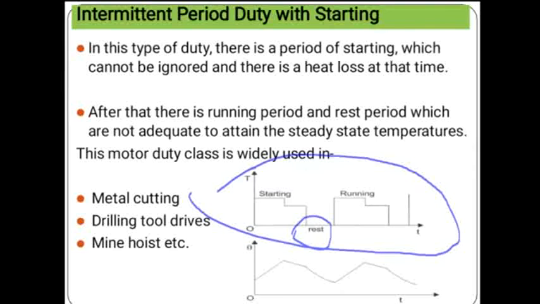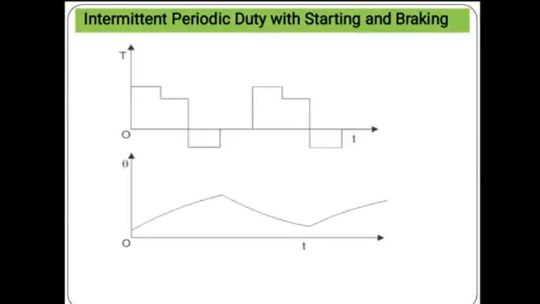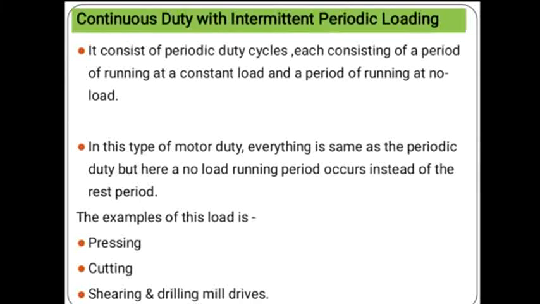That is the difference between them. Examples of this load are pressing, cutting, shearing and drilling mill drives. So these are all about the concept of this type of duty cycle.